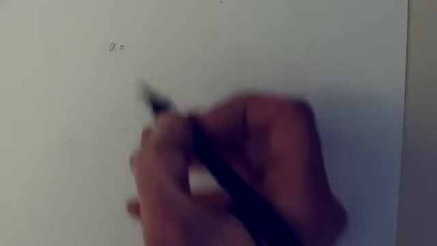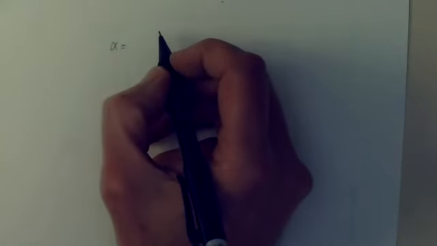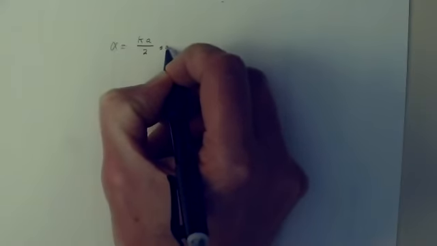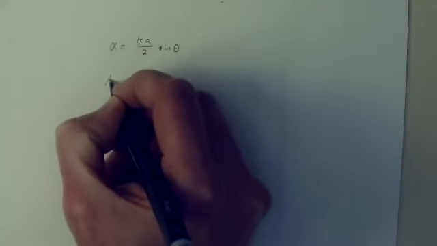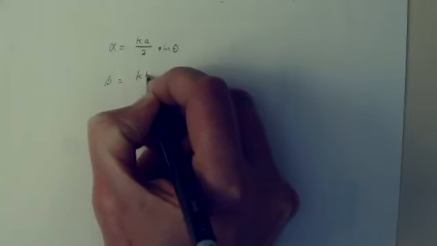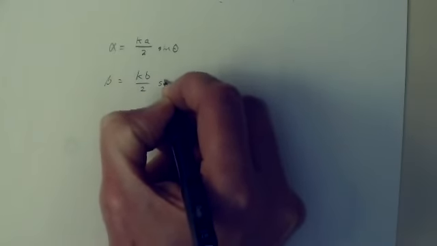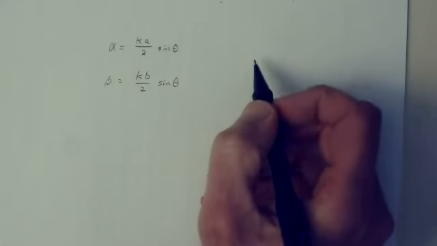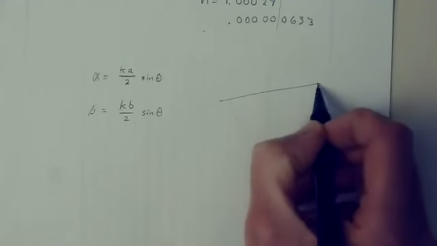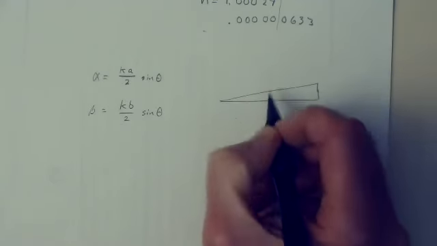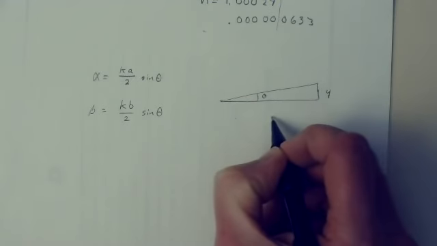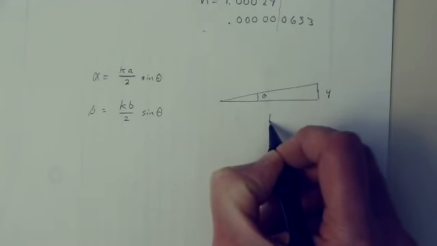Okay. I think this is Ka over 2 sine theta, and beta is Kb over 2 sine theta. And then you can also relate theta and y, and I don't know, what should we call it, r.